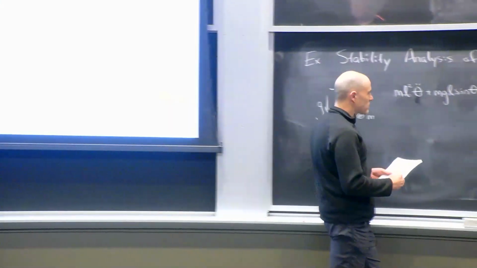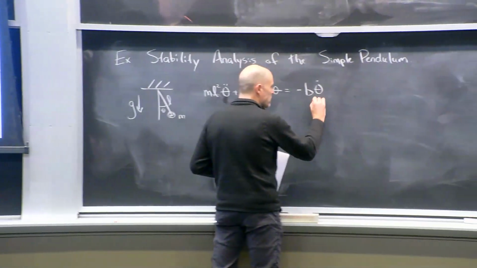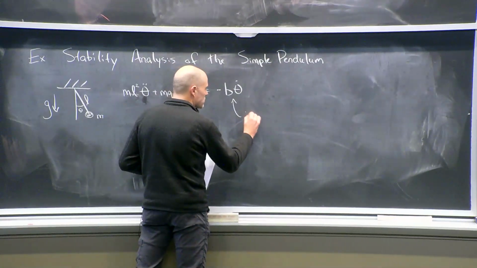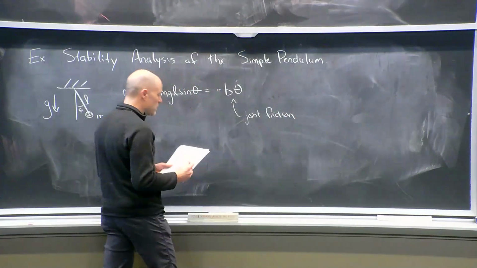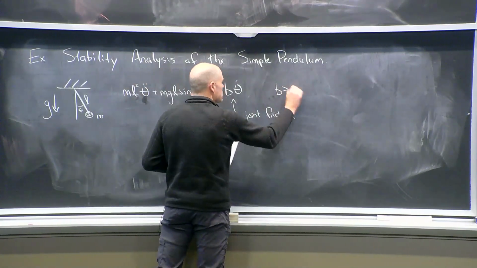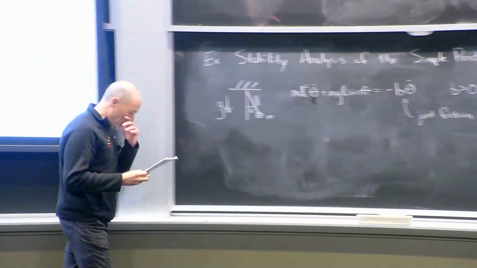And in particular, right now, I'll just talk about the one applied torque, which would be a joint friction, right? Damping, if you will. And I'll, of course, take b to be greater than 0.